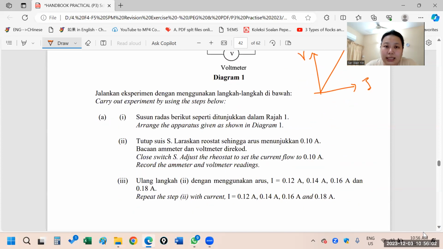Okay, so we say carry out the experiment by using the steps below. So this is guided. If unguided, how do you draw a line of best fit for a curved graph? Okay, let's look at the curved graph.